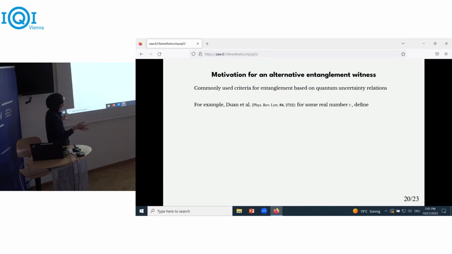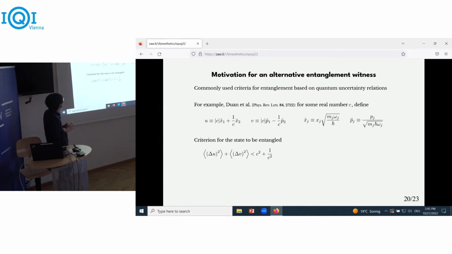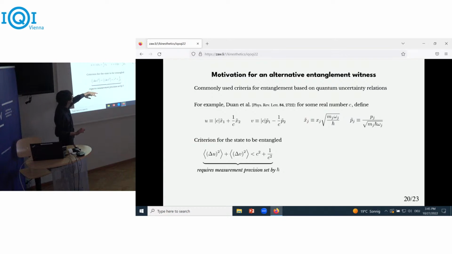The common example is Duan et al., where you can define EPR-like variables, where x tilde and p tilde are the dimensionless versions of x and p. If the variances are lower than some threshold, then it's entangled. Of course, this requires a measurement precision that is set by h bar.